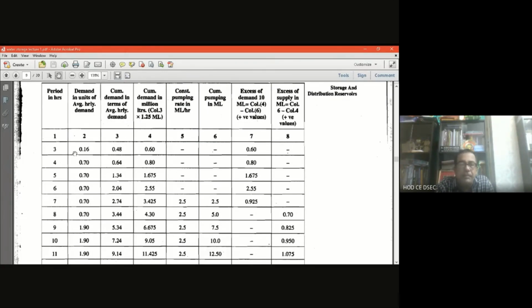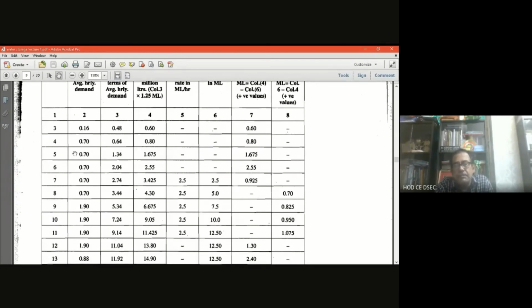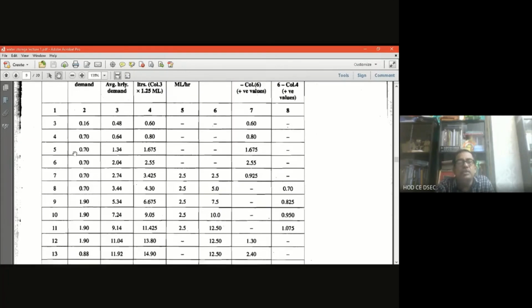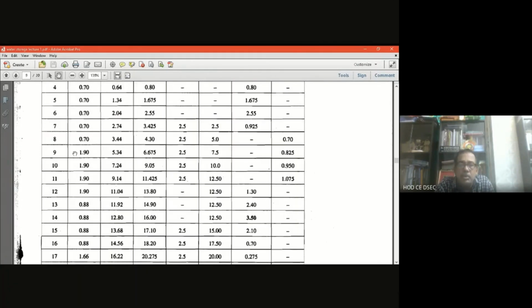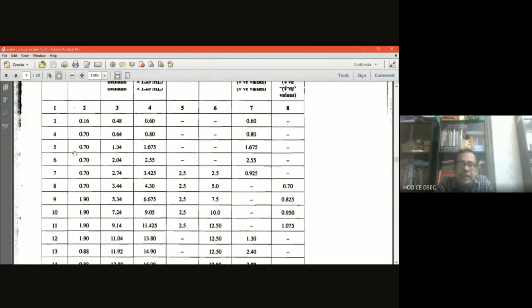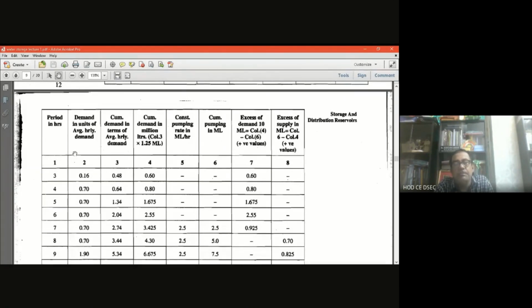That is the basic purpose, and there we have described the supply demand curve, the ordinate portion, and in tabular form, in numerical sums, we have also shown you how to do the cumulative analysis of demand and of supply, and pick up the excess demand and supply to find out the storage capacity of the tank. But this is not the single problem we'll discuss.